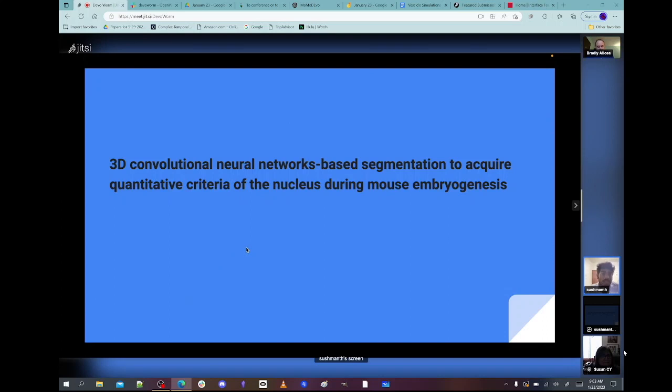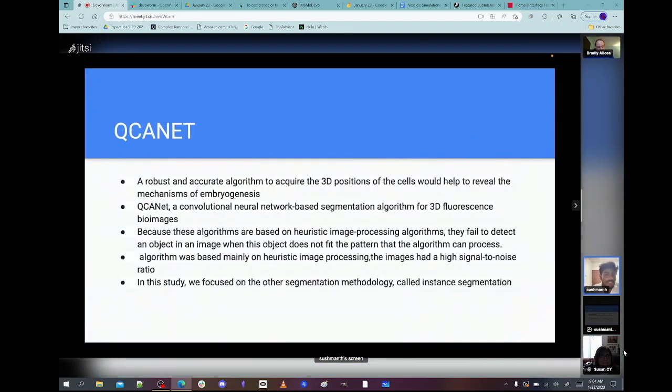After that, comparing results with other models like the CNN approach, convolutional neural segmentation, and UNet, QCANet was showing better results compared to these two. QCANet is a robust, accurate algorithm to acquire the 3D position of cells, which would help reveal the mechanism of embryogenesis.